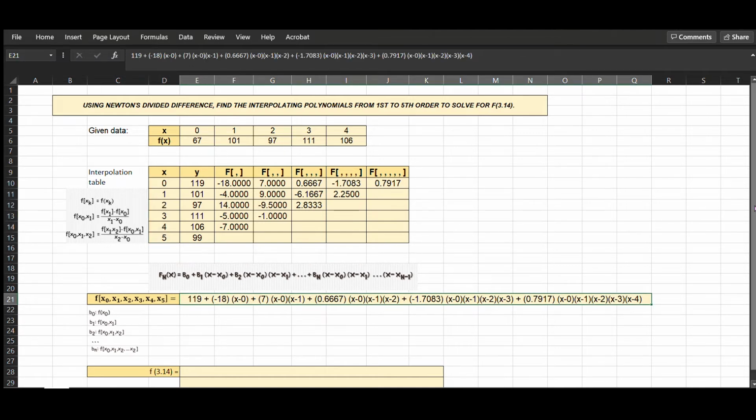Then for our final answer, we're going to use this equation, substitute the 3.14 to all x values in this equation.